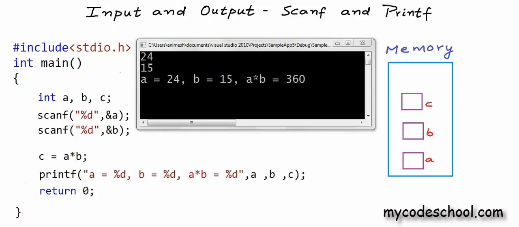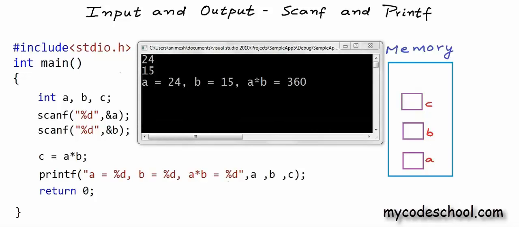So when the control has reached printf, value in a is 24, value in b is 15, and value in c is 360. What has happened here is that when we entered the first number corresponding to the first scanf, this number was filled in a, and when we entered the second number corresponding to the second scanf, this number was filled in b.